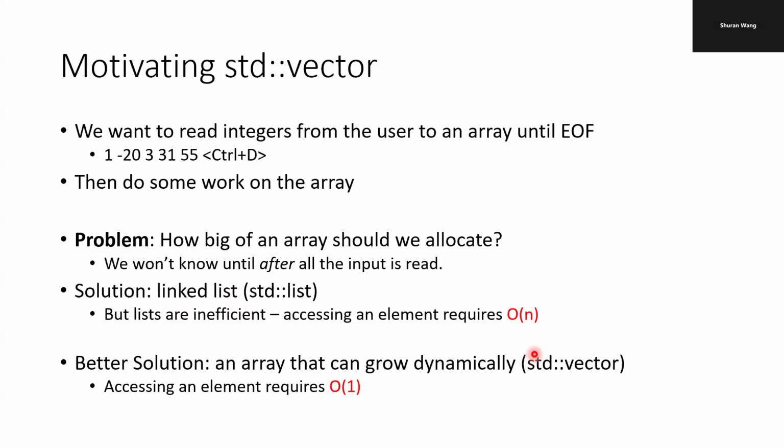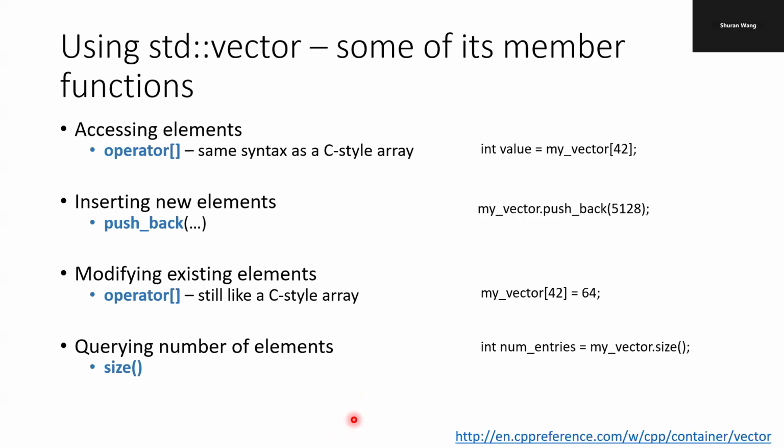So the better solution is an array that can grow dynamically, and we can access an element with O(1) time, like an array. So vector has all those covered.